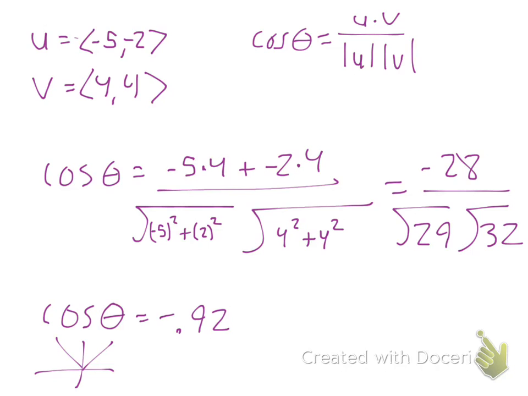It's negative, so we are actually focusing on the second quadrant. So your angle theta is the inverse cosine of negative 0.92, which equals 156.9, give or take, degrees. That is the answer.